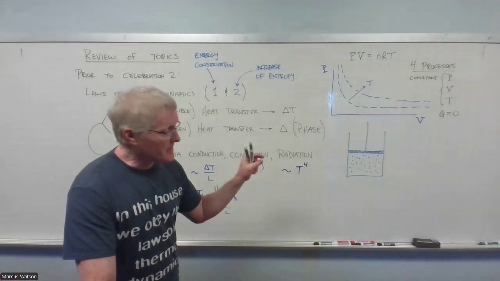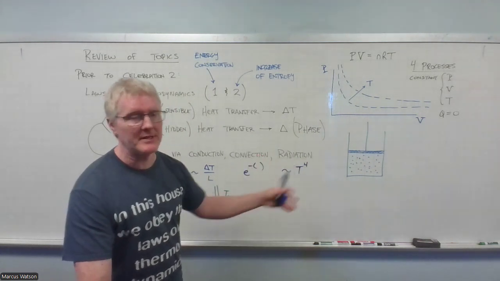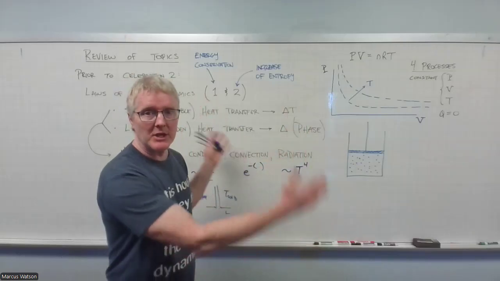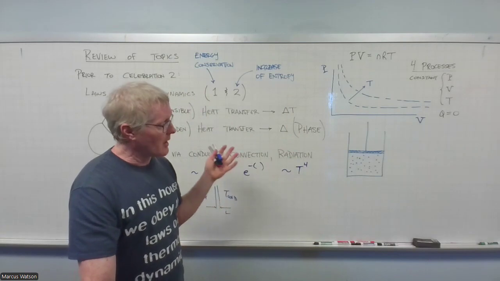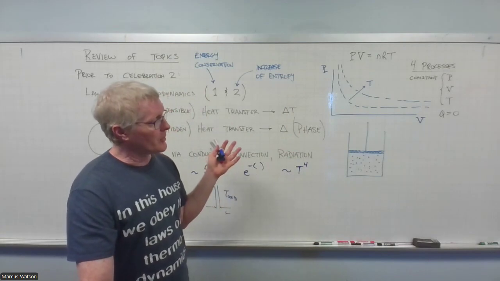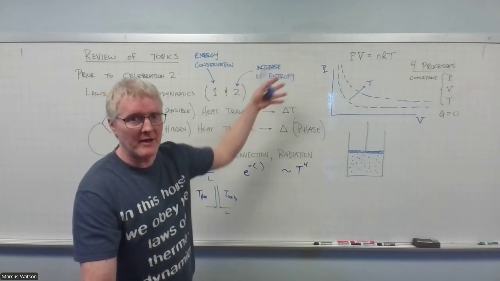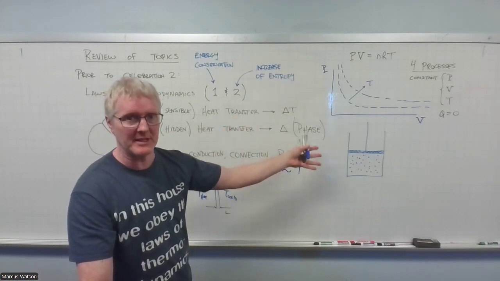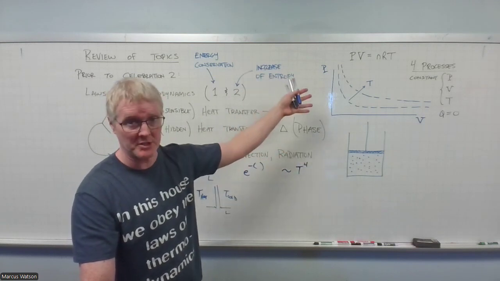We could lock the piston in place. We could put a flame underneath it. We could put ice underneath it. We could cover it with insulation so that no heat could escape. All sorts of things. So knowing how those processes look on a PV graph and what you'd physically be doing to a piston and a cylinder in order to make those changes.